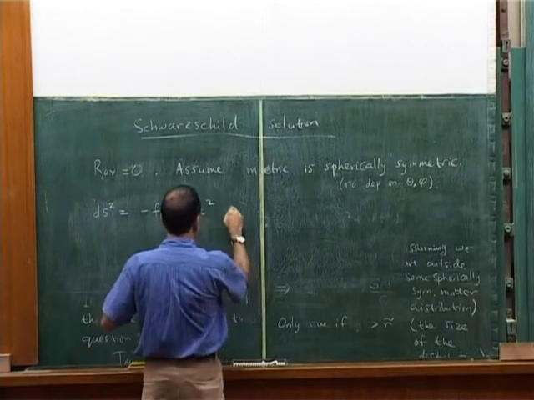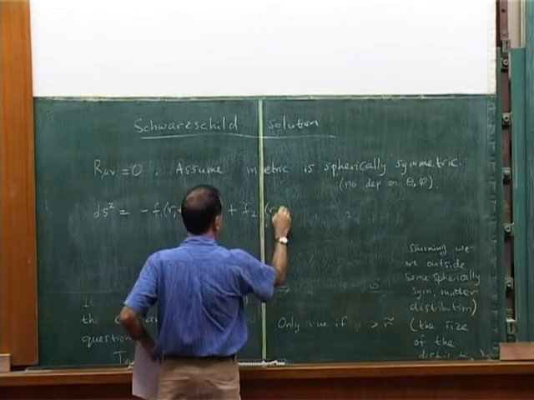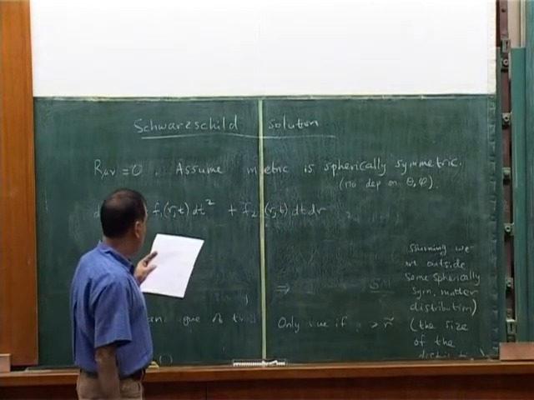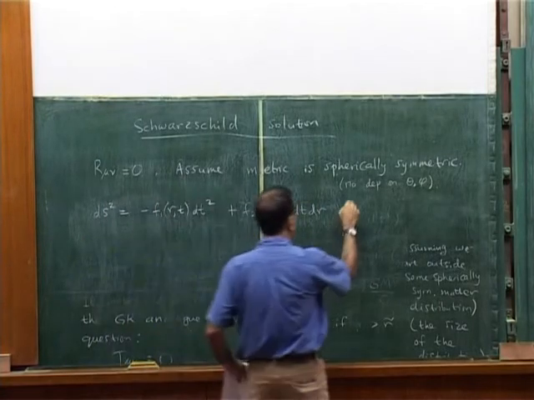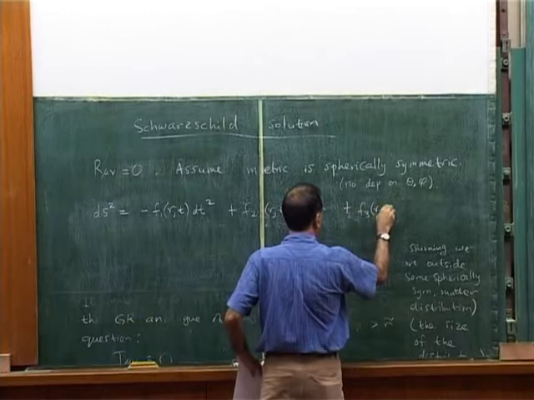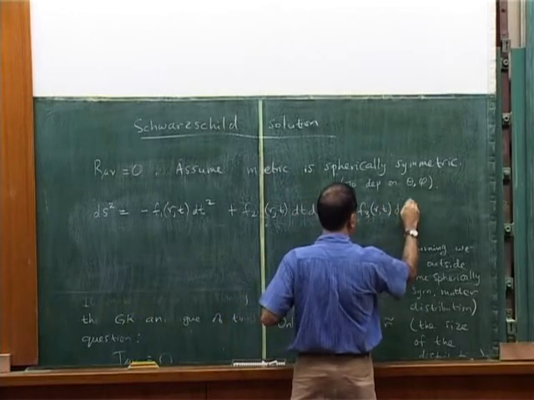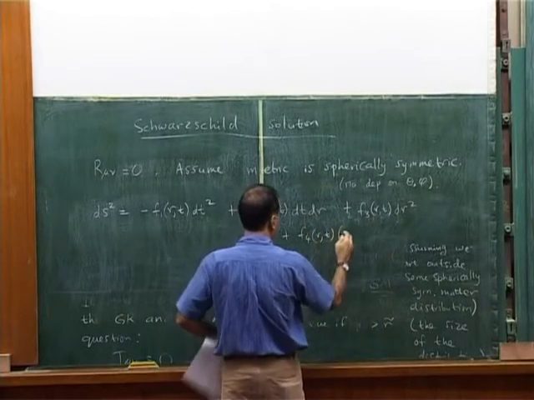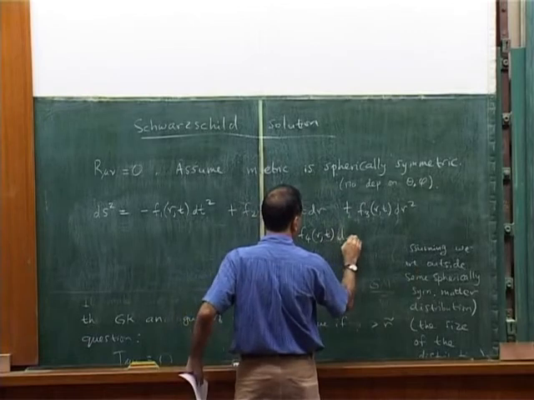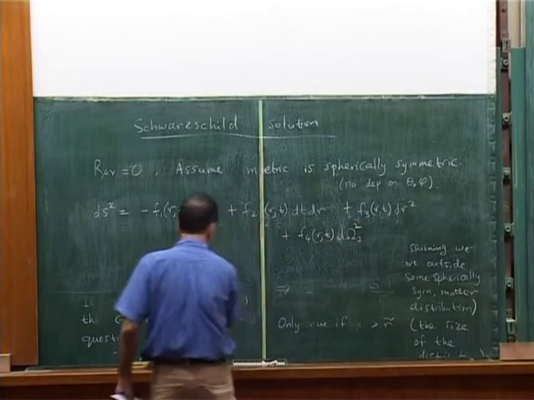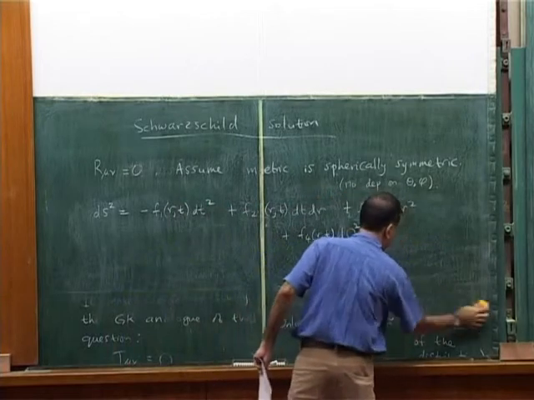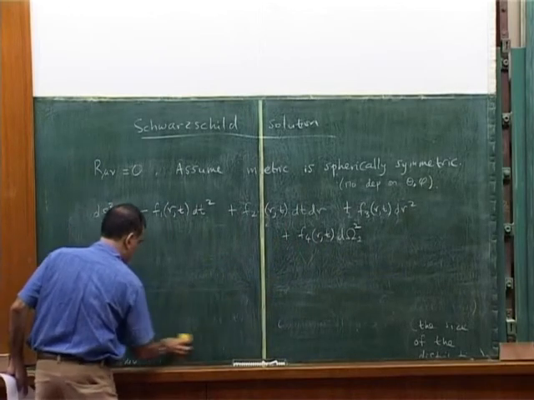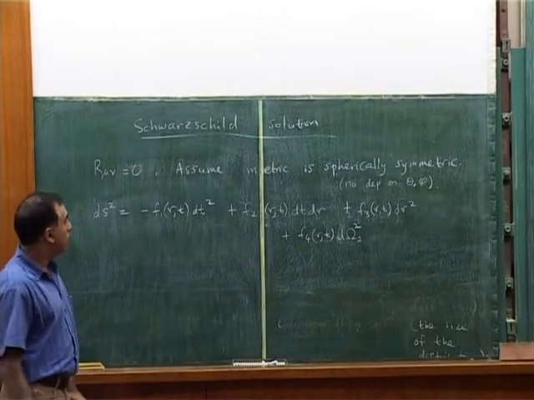Then I'm allowing for a term f2 of r and t dt dr. Then I'm allowing for a term f3 of r and t multiplying dr squared, and finally a term f4 of r and t multiplying d omega squared. So my claim is that this is the most general spherically symmetric metric.